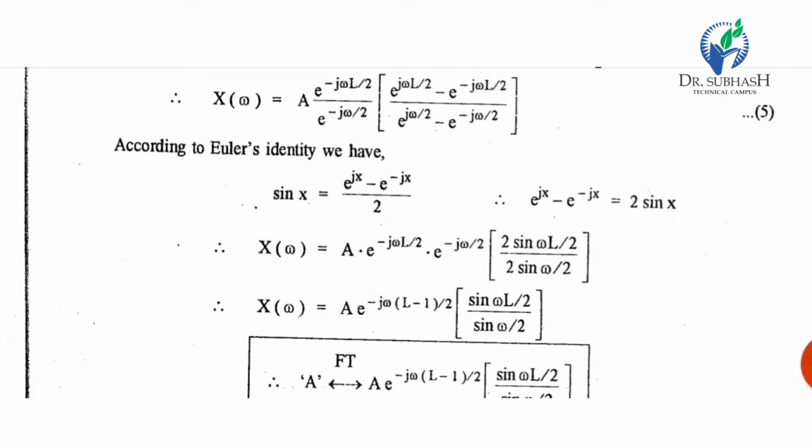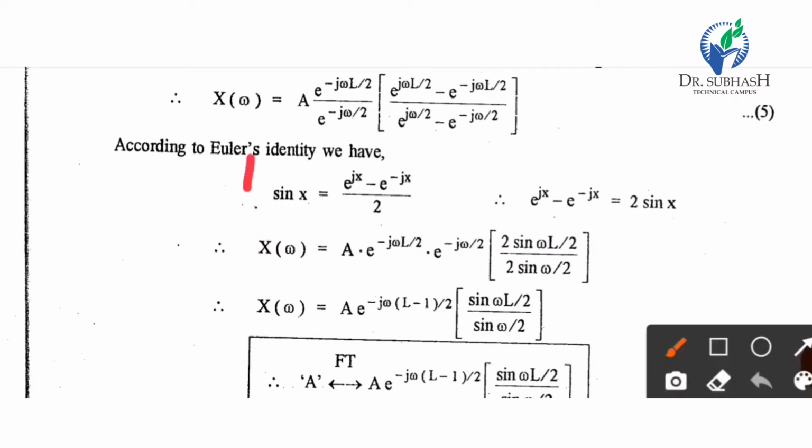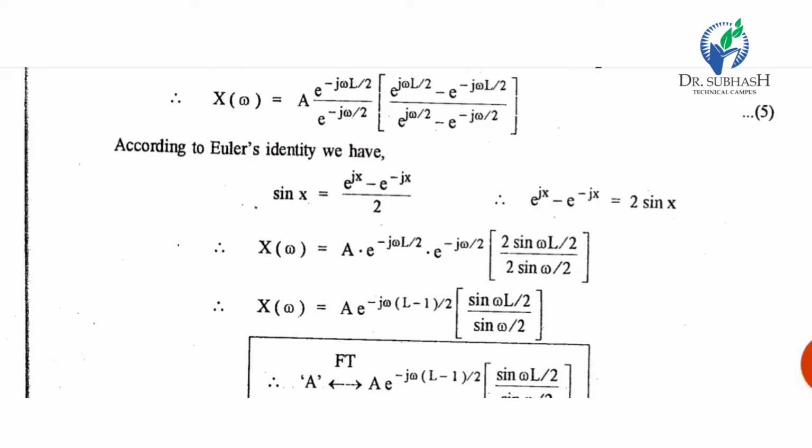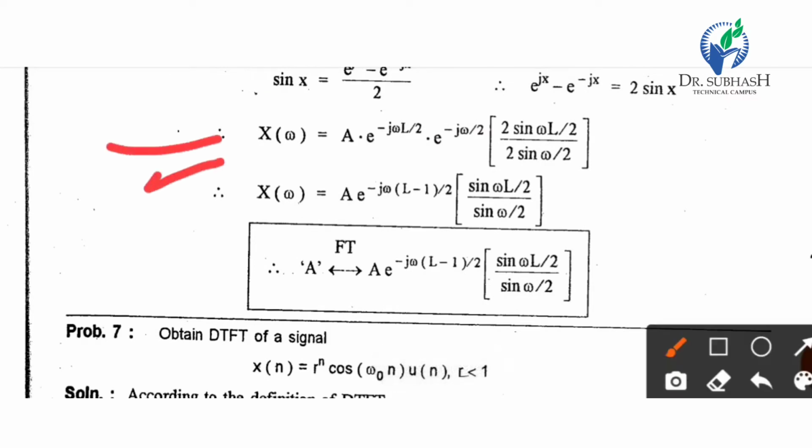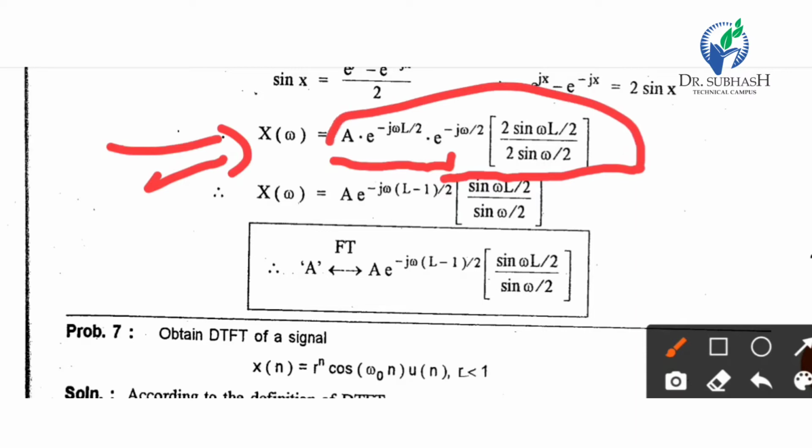So by using this equation, X of omega equals A multiplied by e raised to minus j omega L by 2 multiplied by e raised to minus j omega by 2, in brackets 2 sin omega L by 2 divided by 2 sin omega by 2.